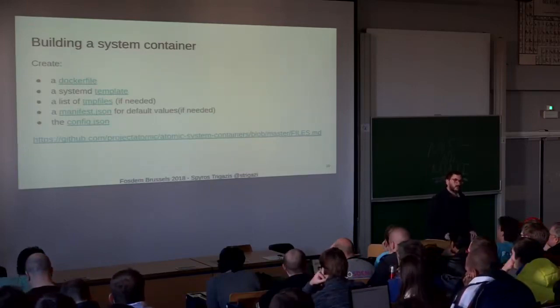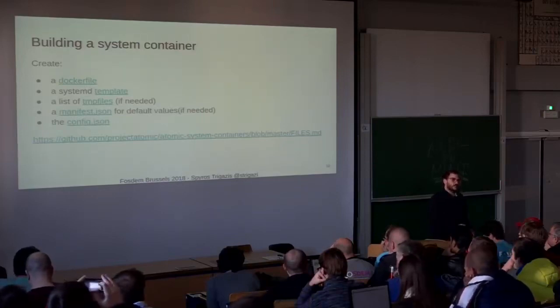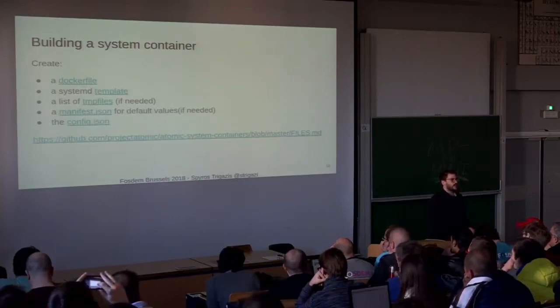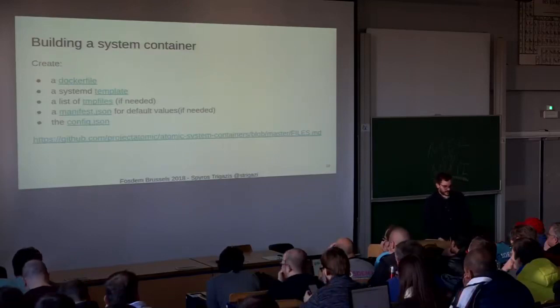But in our case, we use Fedora or CentOS. This comes with the atomic utility and some other tools that allow you to create containers to be managed by systemd. Those containers must be built to be OCI compliant.